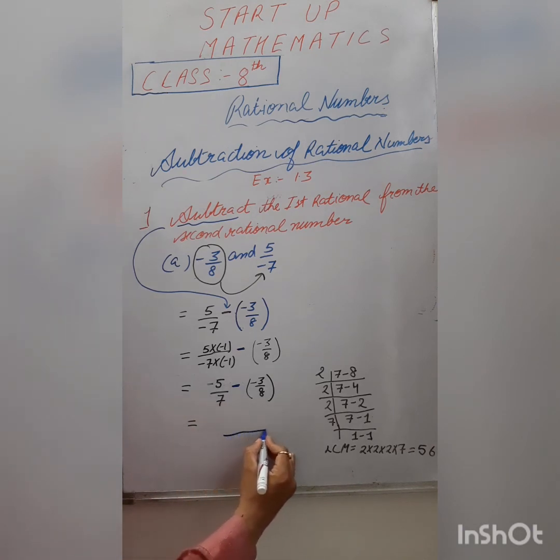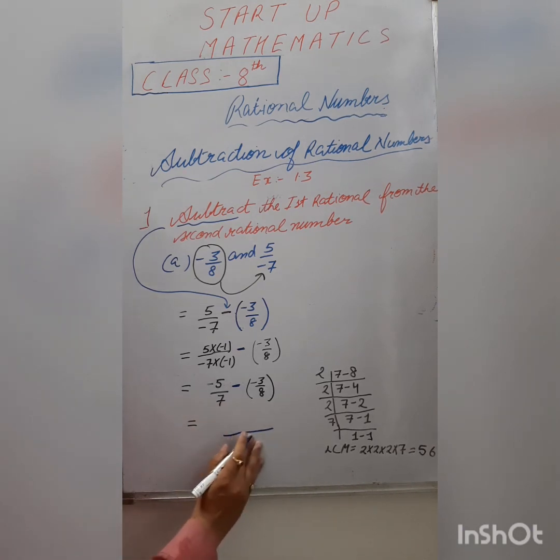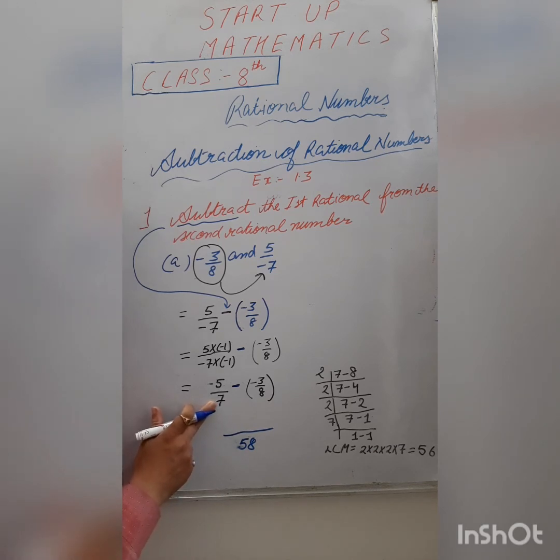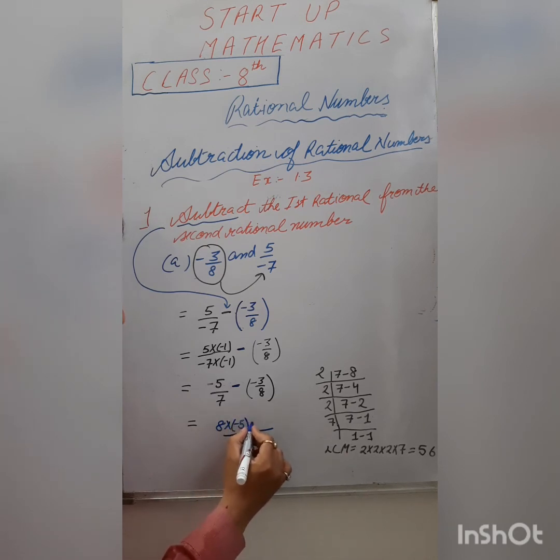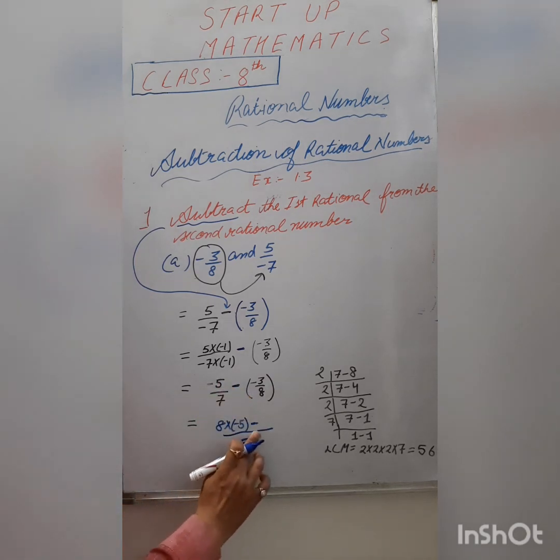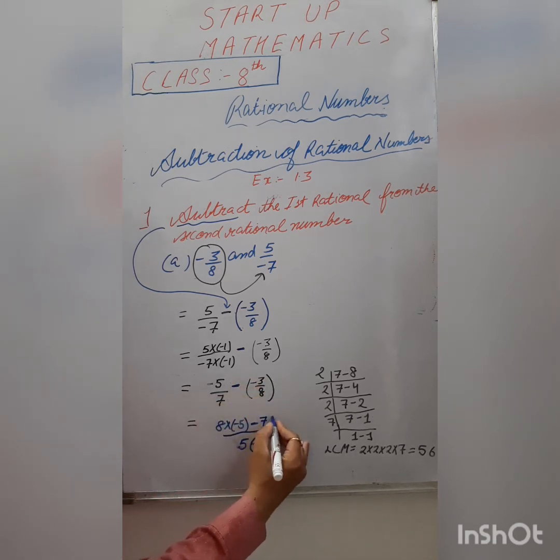So write the LCM as it is in the denominator, that is 56. Now 56 divided by 7, the quotient is 8, and 8 is to be multiplied with minus 5. The minus sign stays as it is for the subtract operation. Now 56 divided by 8, the answer is 7, and 7 is to be multiplied with minus 3.